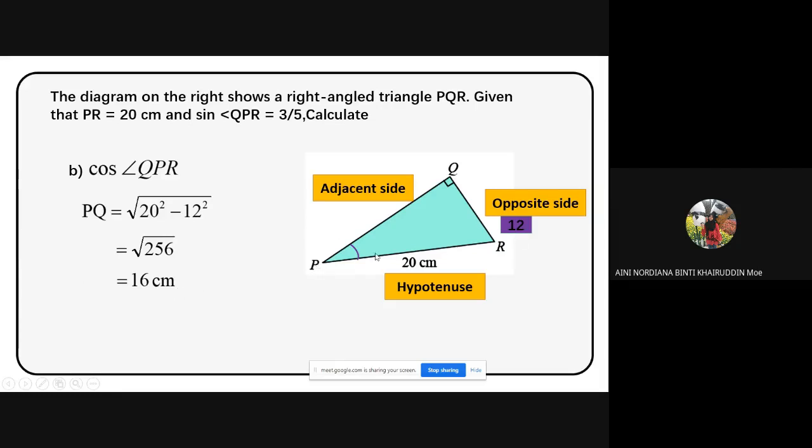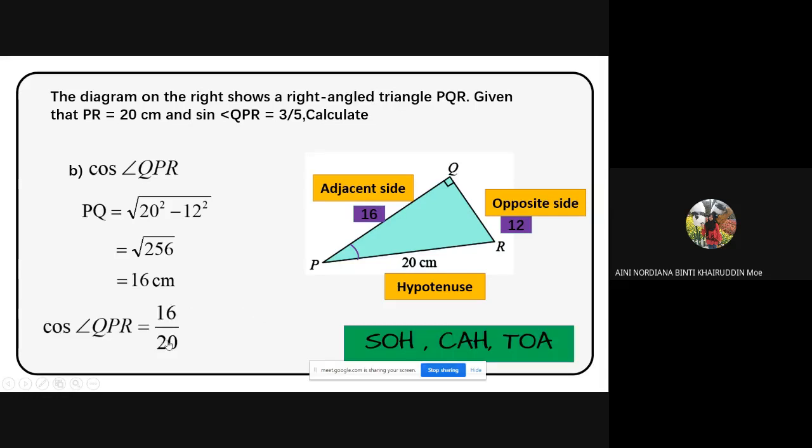Once you know the length of PQ, then you can answer this question. Cos is adjacent over hypotenuse, so 16 over 20. You have to simplify this. So it becomes 4 over 5.